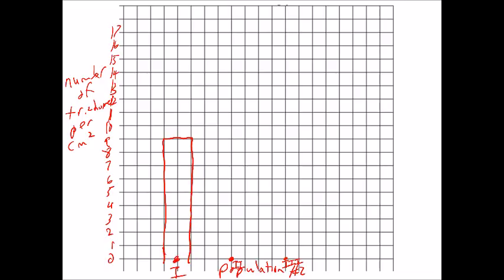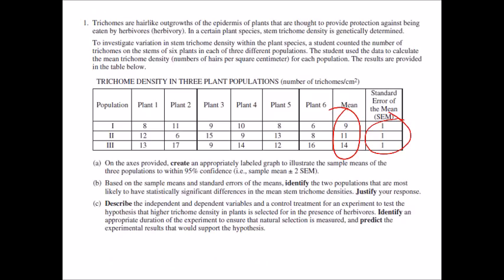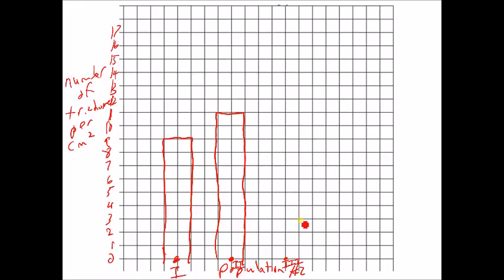For population 2, we're going to go up to 11 and make a bar. And for population 3, up to 14. Make our bar. And again, hopefully we won't have curvy lines on our real graph.